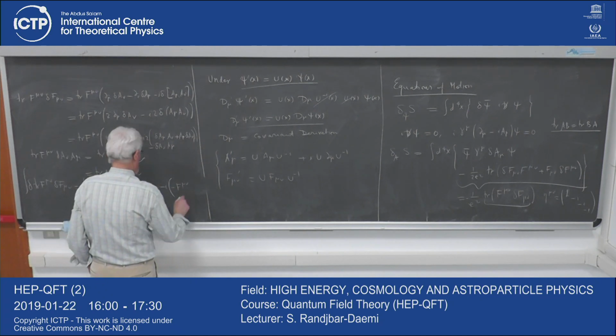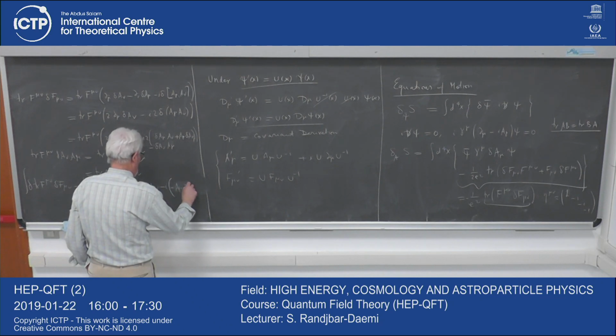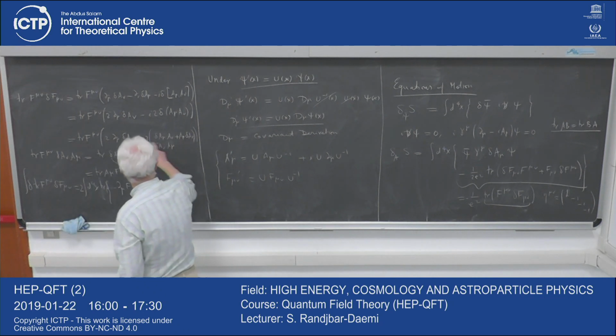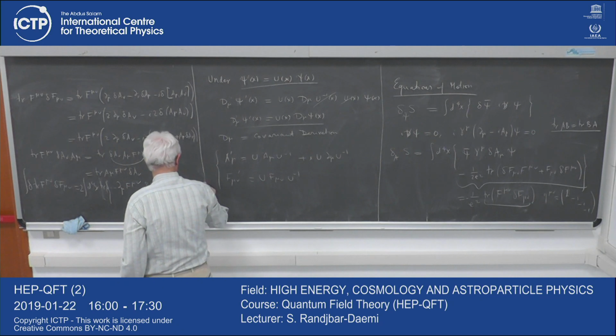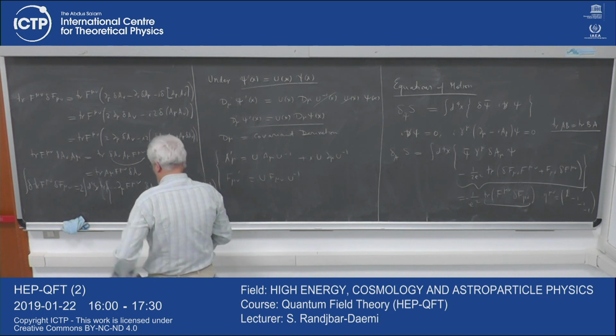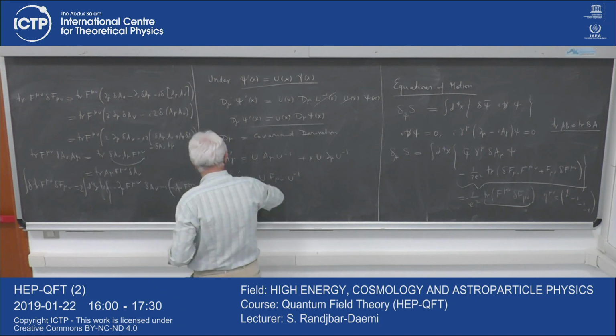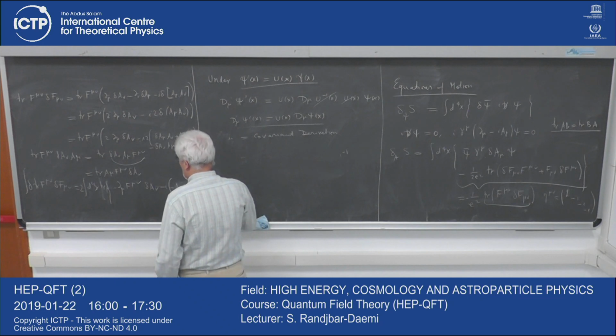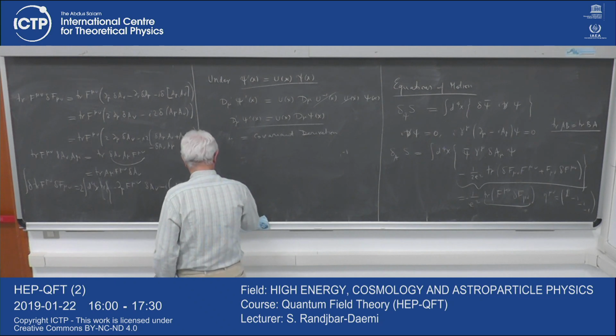F mu nu A mu F mu nu, and here it is just F mu nu comes there, A mu, and there is a delta A nu standing in front of it.